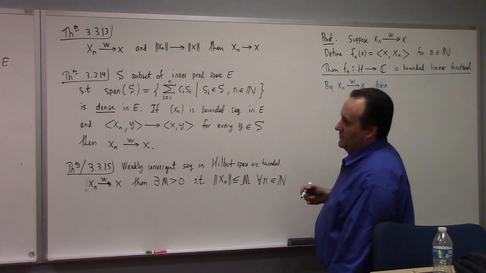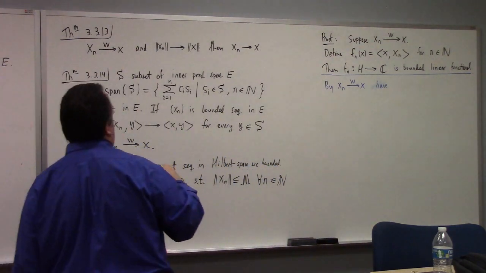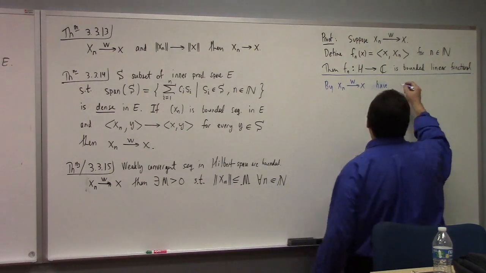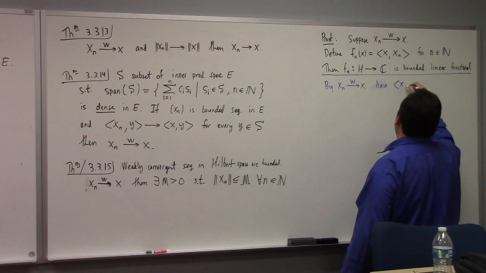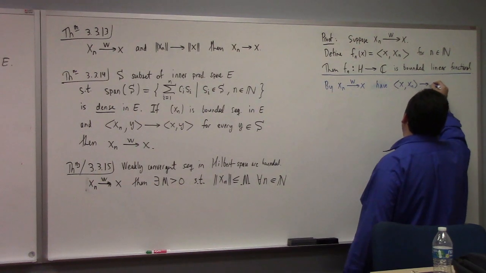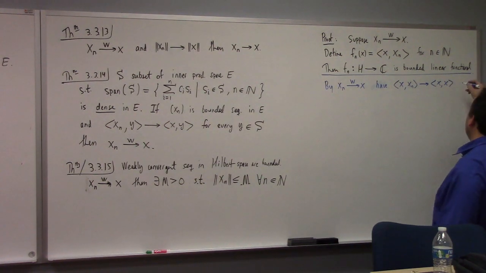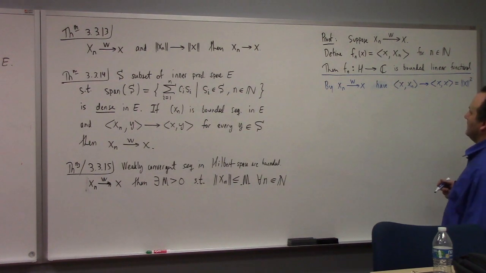I've forgotten my definition of weak convergence already. xn with y goes to x with y, right? So we've got xn, we've got x, good grief, xn goes to xx, right?